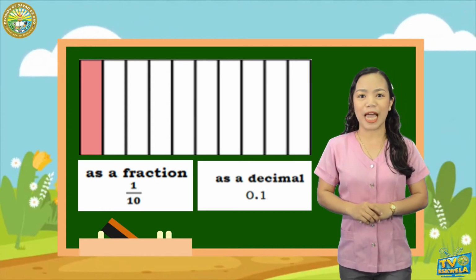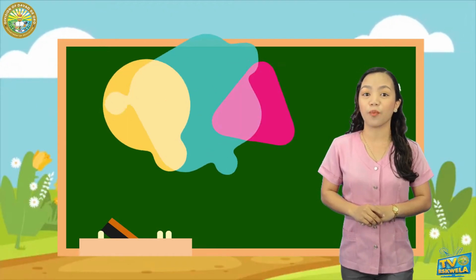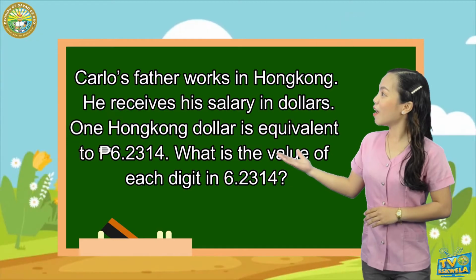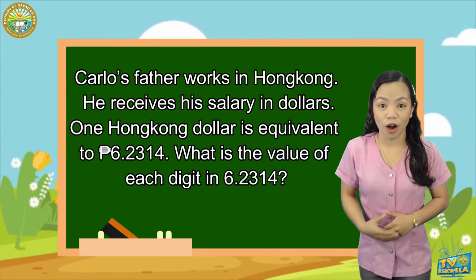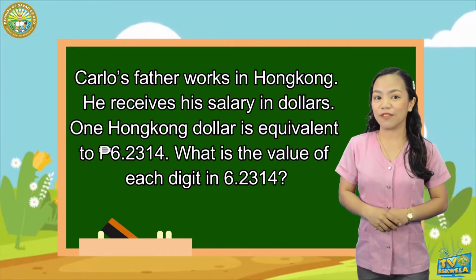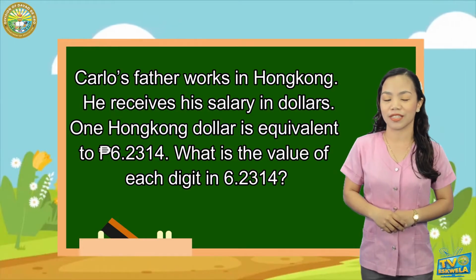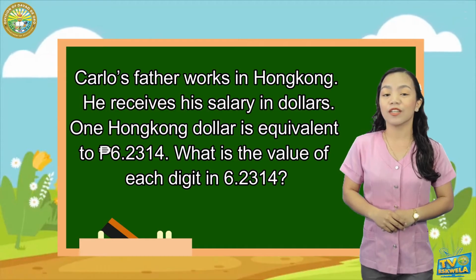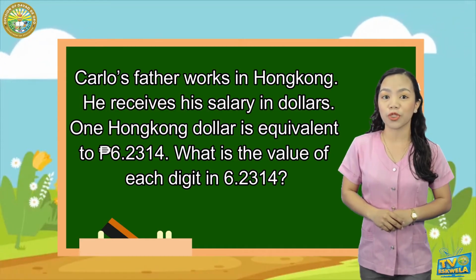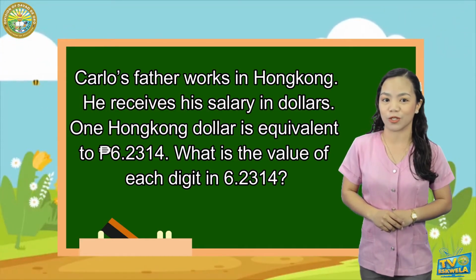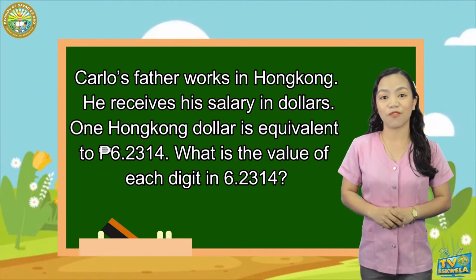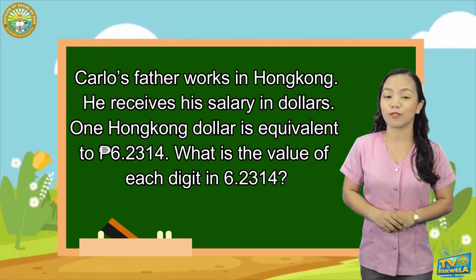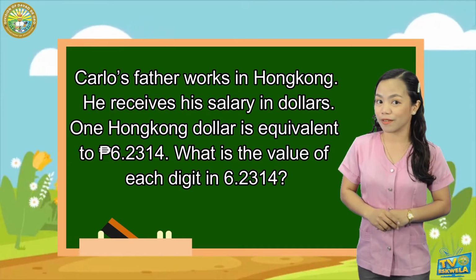Let us further elaborate through this given word problem. Carlos' father works in Hong Kong. He receives his salary in dollars. 1 Hong Kong dollar is equivalent to 6.2314 pesos. What is the value of each digit in 6.2314?